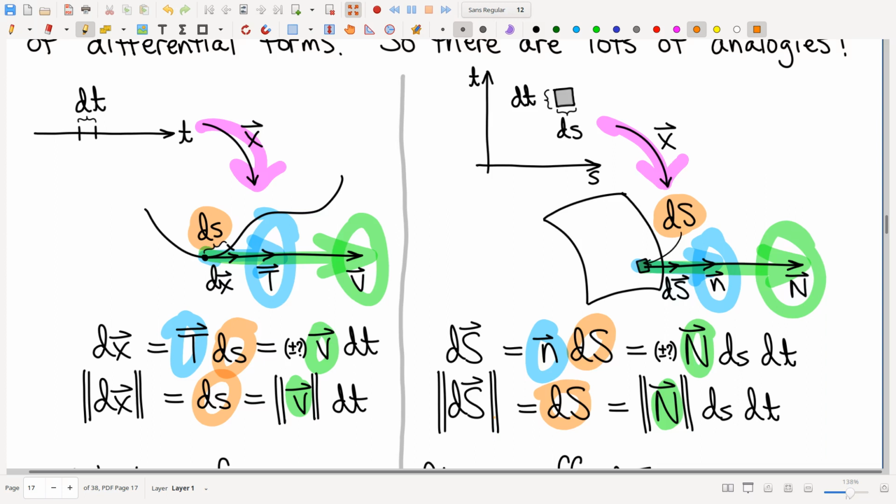And the analogies continue. If you look at the dx vector and you look at the dS vector, keep in mind both of these vectors, dx and dS, point in the direction of the orientation. Their magnitudes are these sizes, and they participate in the equations in totally analogous ways as well.